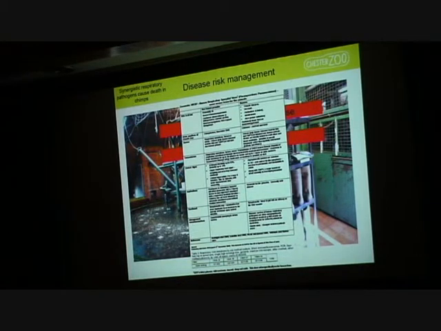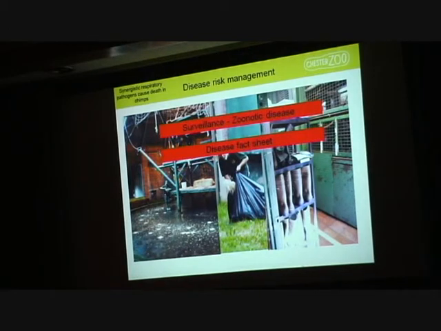This is the one for respiratory syncytial virus: what's at risk with the animals and with the humans, what has been seen at the zoo, where the likely sources are, how it's transmitted, clinical signs, implications, treatment, management recommendations, and references, where that information came from. So that is an aide-memoire for us to refer back to, so we don't have to flip through all the information. That's a part of the communication process that's very useful.